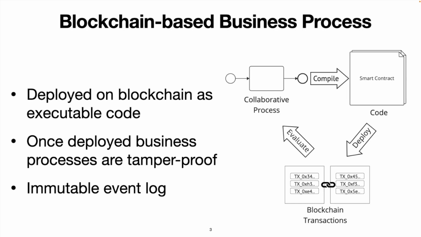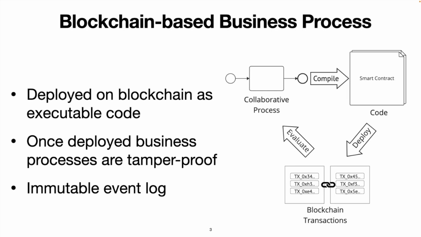It could be informal or formal. And just like we will see later, we have the BPMN language, which can describe these processes, and then these processes are compiled or mapped to executable code that can run on the blockchain. Now, in our case, we will talk mostly about Ethereum, and so we'll talk about Solidity code.